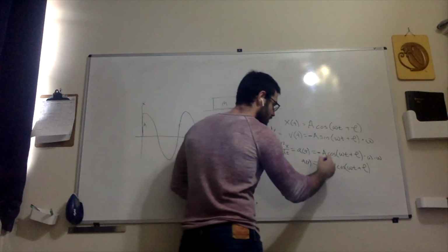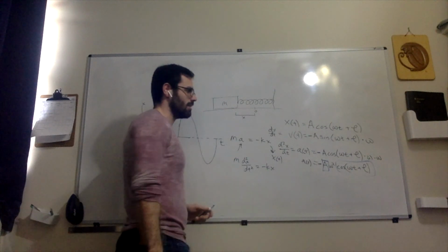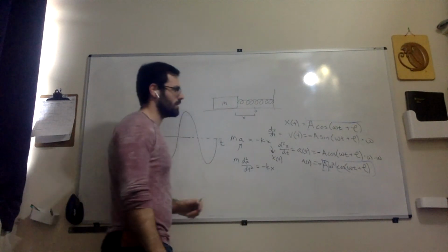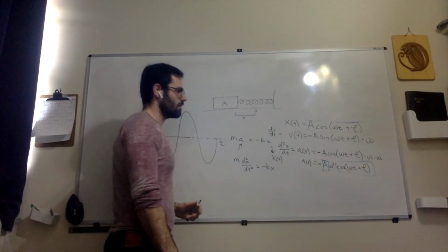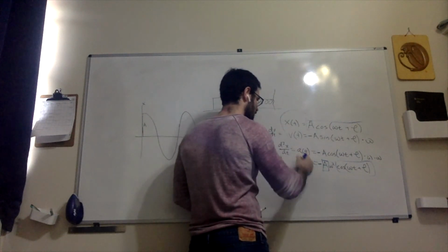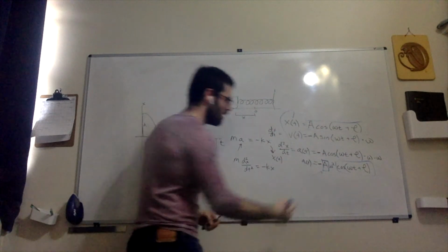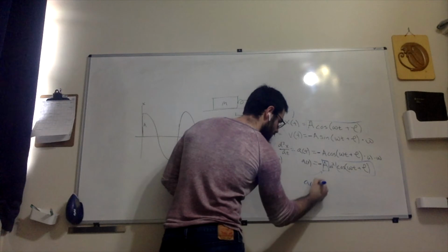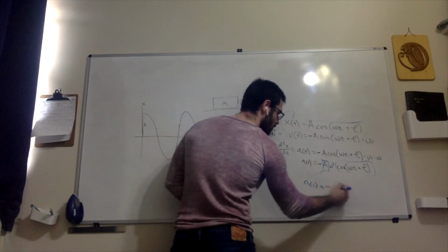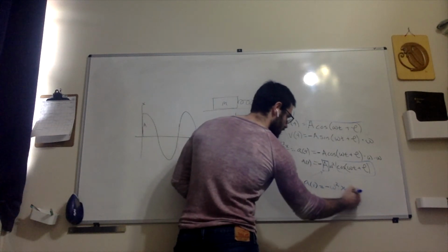What we can get is that A cosine of omega t plus phi matches up exactly with x of t. And therefore, I could really just rewrite this as a of t is equal to negative omega squared x of t.